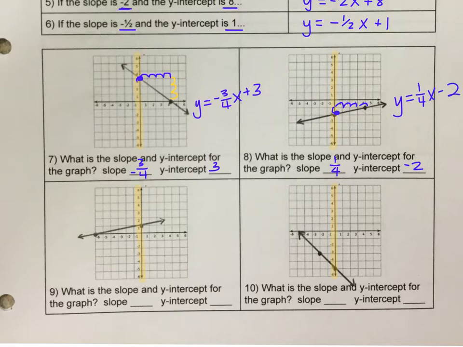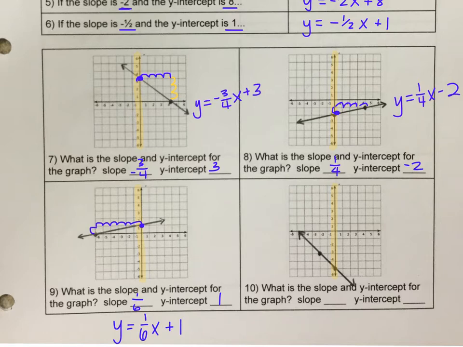All right, let's figure the slope out for number 9. Rise 1. Run 1, 2, 3, 4, 5, 6. That's a positive 6. My line crosses that yellow y line at 1. So y equals 1 over 6x plus 1.